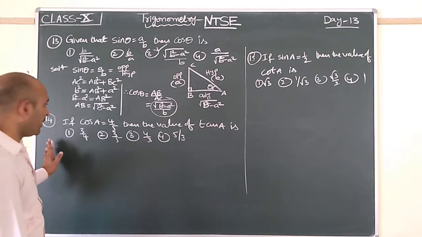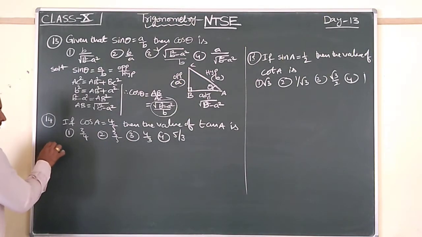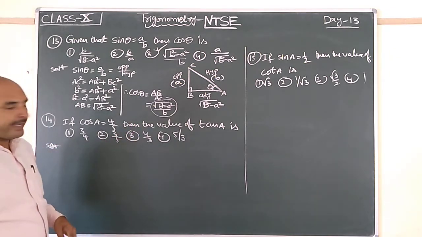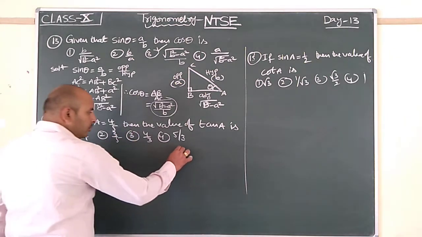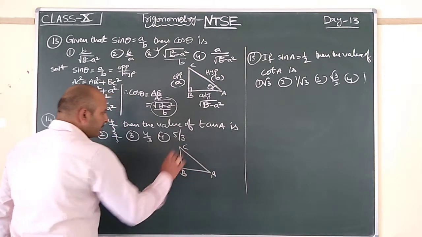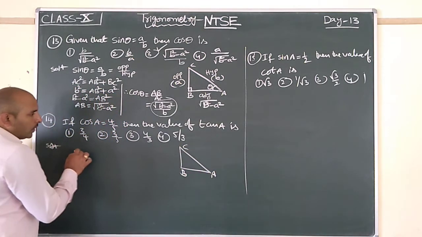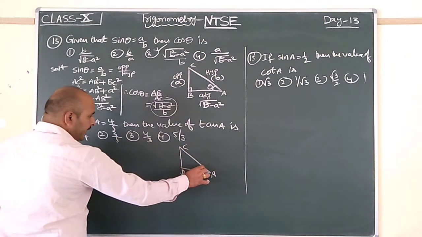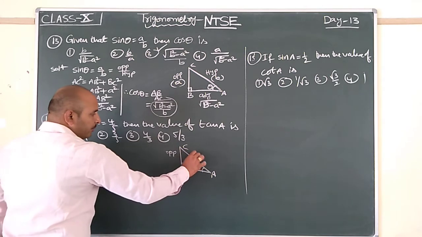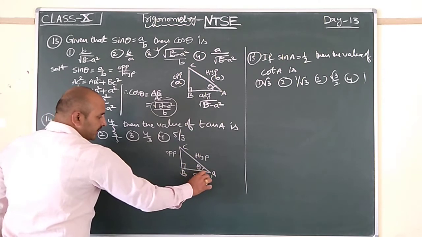Next, move on to problem number 14. Cos A is equal to 4 by 5, then the value of tan A is. So now according to the right angle triangle ABC, this is the angle at A, theta, this is the opposite side, this is the hypotenuse, this is the adjacent side.